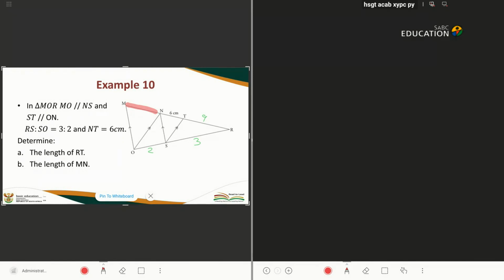Or you can keep it as is, and you will see that I again have 2 parallel sides, MO and NS. You know that parallel sides will divide the 2 other sides of the triangle in the same proportion or in the same ratio, correct?